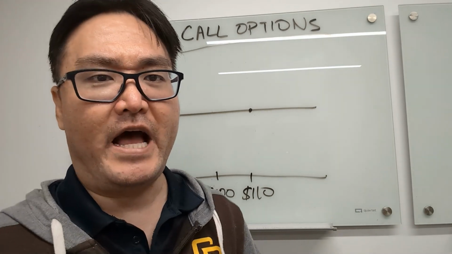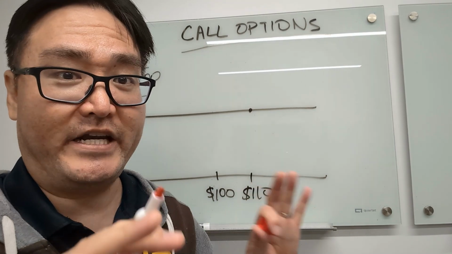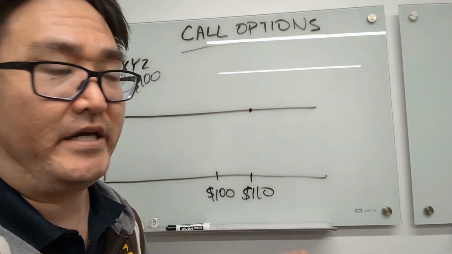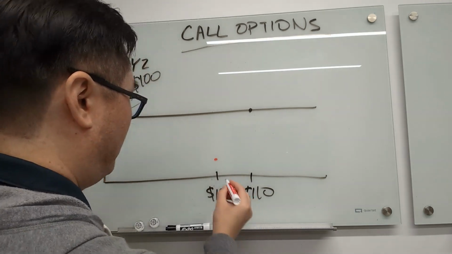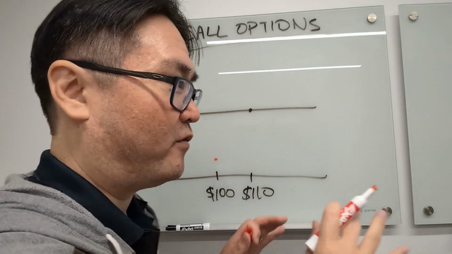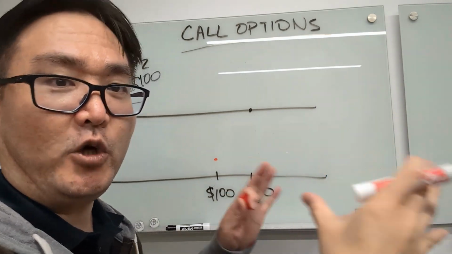So as of right now, you are not only not breaking even, but you're at a negative. You're losing money. Of course, at $100 or less than $100, you'll be losing money.